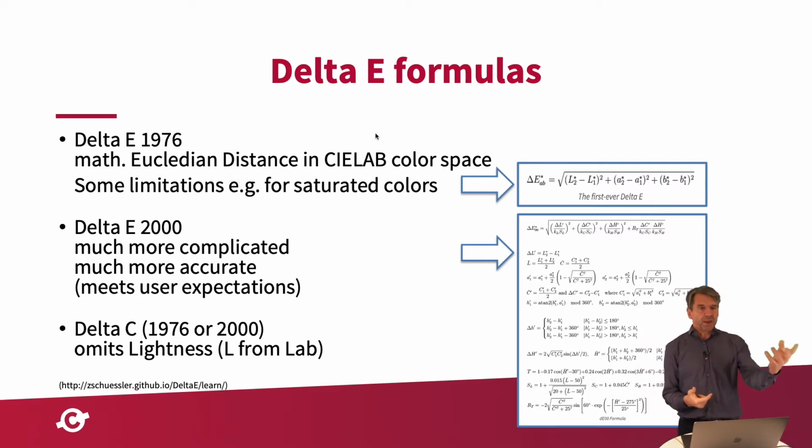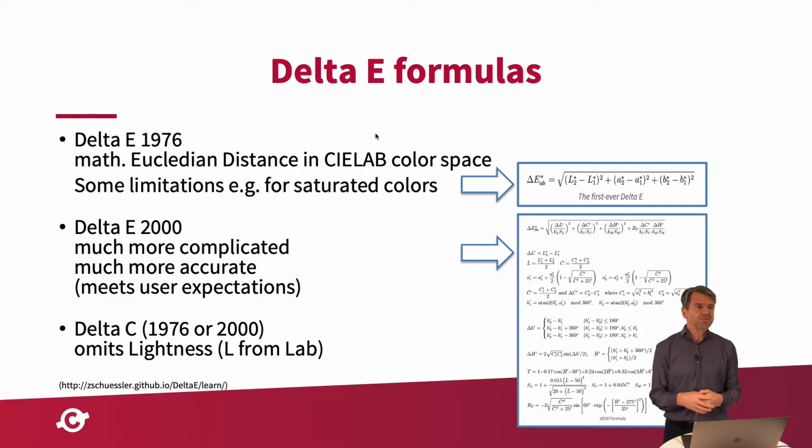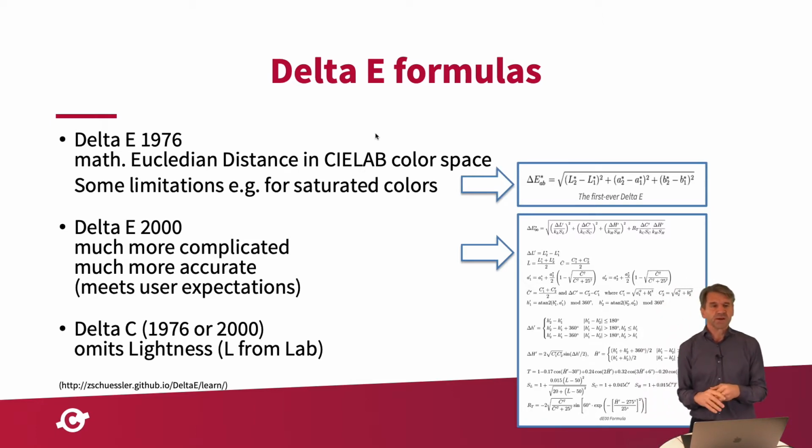And then the second one was a delta E formula that came out in 1976. And that was just in a 3-dimensional space, measuring the distance between 2 points. And then the unit that you would use is delta E.